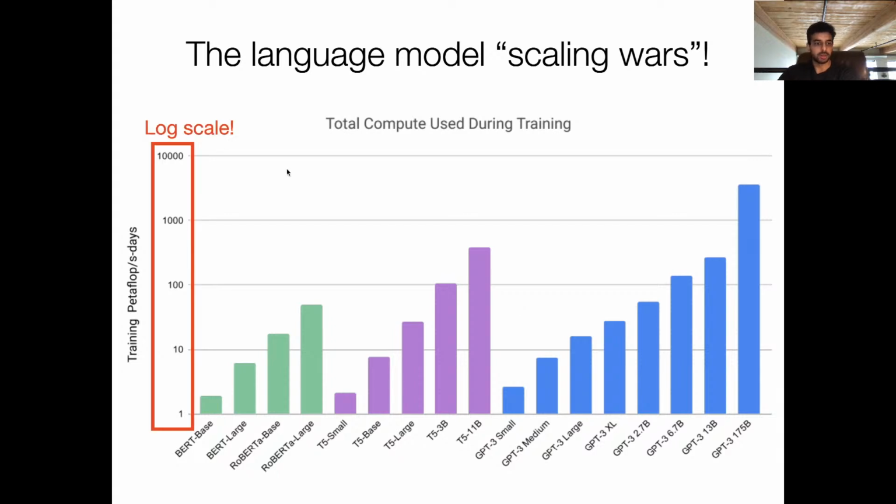But the y-axis is actually on a log scale, and it's training petaflops per day, I guess. Obviously, the higher the number, the more compute, and on this scale GPT-3 takes an incredible amount of compute, far more than any of the models that we've covered in this class, like BERT base and RoBERTa large, for example.